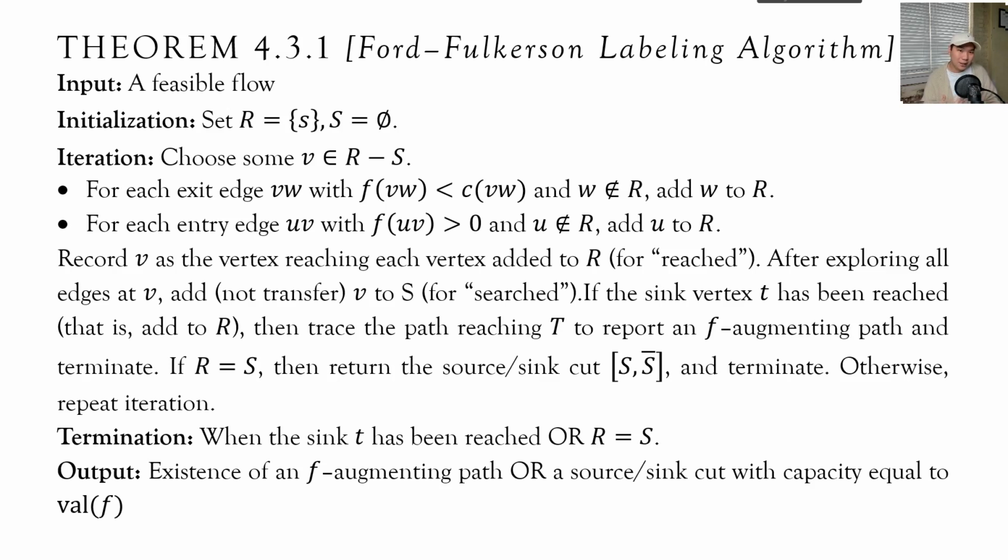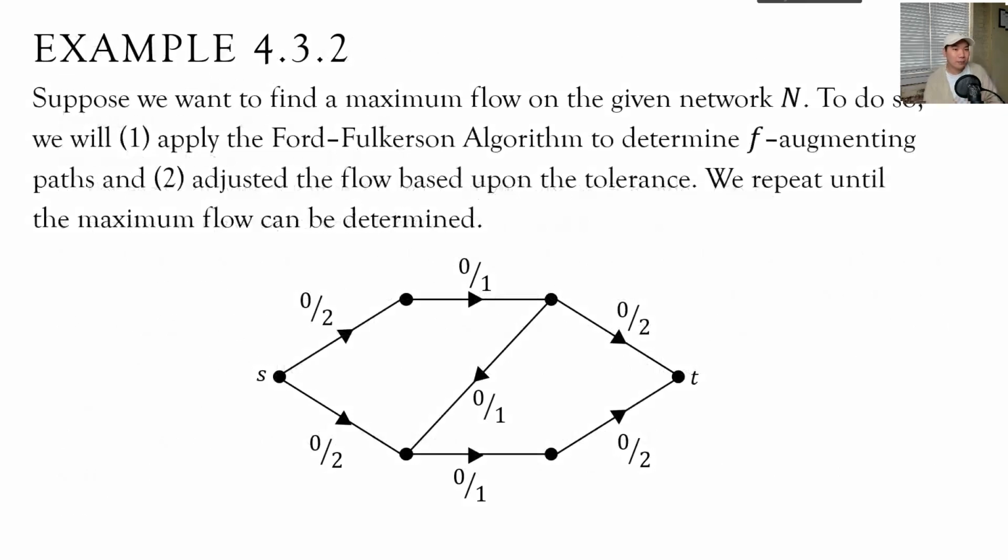Let's go ahead and actually put this into practice. Example 4.3.2. Suppose I want to find a maximum flow on this given network N. To do so, I'm going to follow two major steps. I'm going to apply my algorithm to see if I have an F-augmenting path. If I have an F-augmenting path, this implies that I can improve my flow and make use of my remaining capacity.